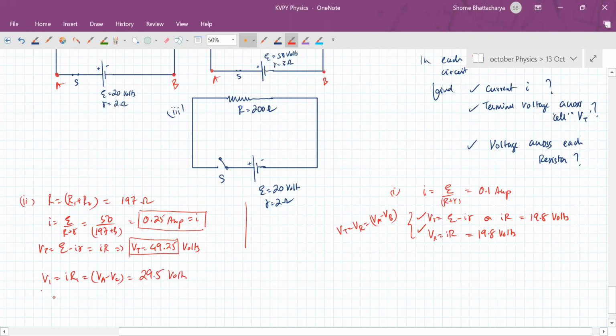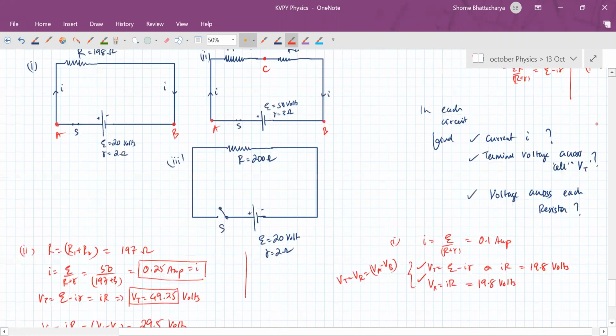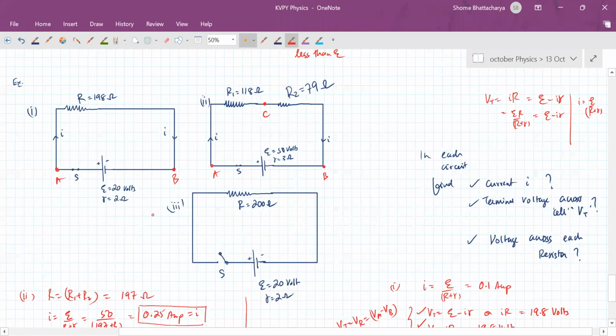And the potential difference across the second resistor, that is VC minus VB. So that is again, second resistor was 79 ohms, so divided by 4.